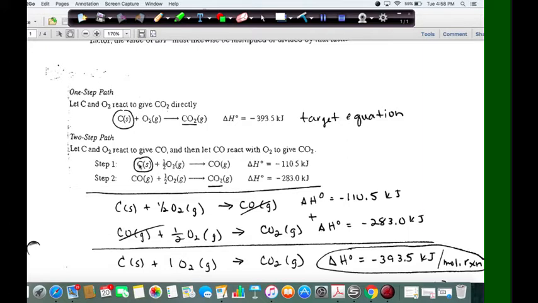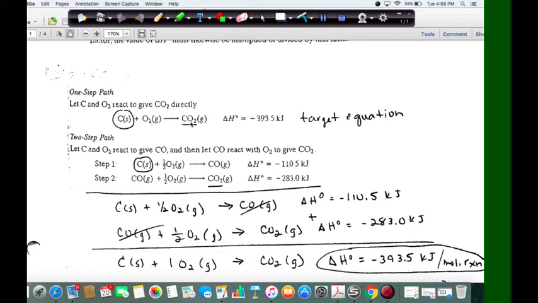If I leave this equation as is, I can get the carbon as a solid in the target equation. So I don't have to flip it around or anything. I can leave it just like it is. So what I did is I rewrote it down here. Don't worry about the cross through this part yet. By the way, however many steps they give you, you have to use all the equations. So if you ever think, well, I don't think I need that equation, I'll leave it out, you'll always have to use all of them.